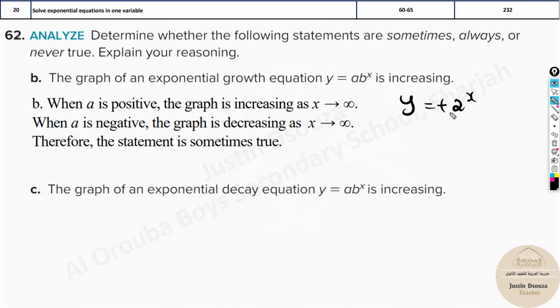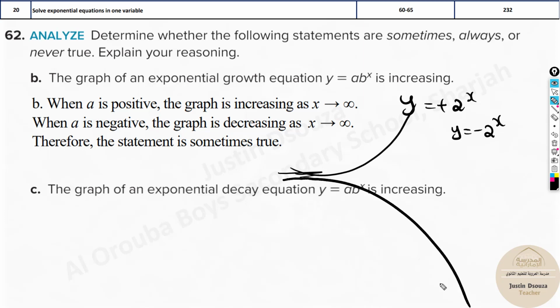Now, if this a value is positive, yes, it's a growth like this. But what if a is negative, negative times 2 to the power x? This one decreases. It's like this. If this is the x-axis in the middle, it will always go up when it's positive, going down when it's negative. So it's sometimes true, yes, sometimes it will increase, but if a value is negative, it will always decrease.